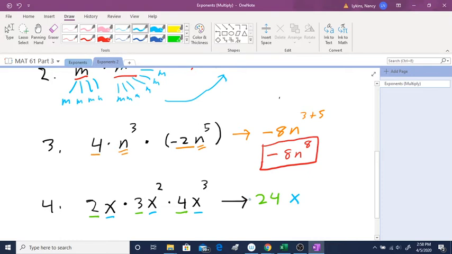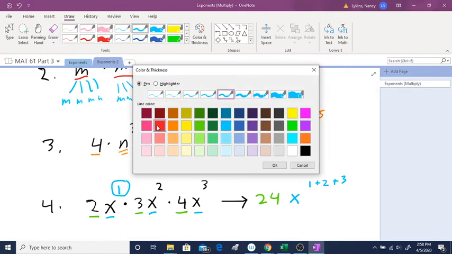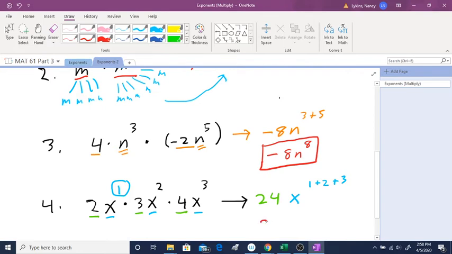Now, if you see a base that does not have a number or an exponent, it is understood to be 1. So now these exponents, when you add them together, would be 1 plus 2 plus 3. The common mistake would just be adding 2 plus 3, but the x right here, that is an understood 1. So it'd be 24x, and then when you add 1 plus 2 plus 3, you get 6.